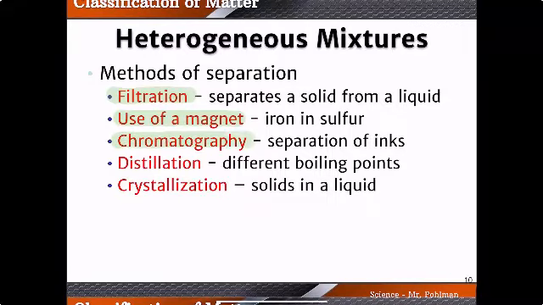Chromatography, if you want to separate inks based on the different makeups of them, the different densities of those inks, you can do that. An example of this, and I always kind of joke around that the M&M manufacturers made such a big deal out of the fact that they were going to make blue M&Ms.